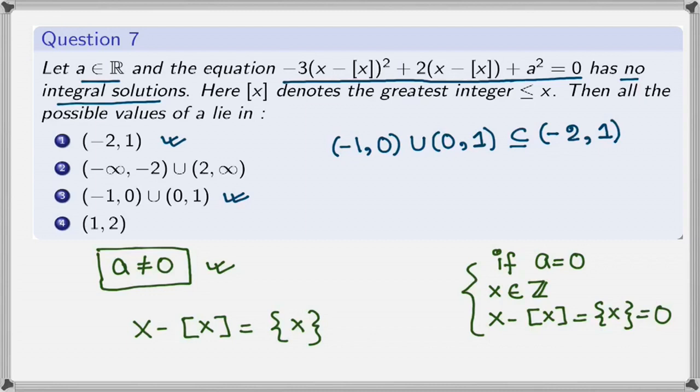And since option 2 and option 4 are disjoint from option 3, that is the set open interval minus 1 to 0 union the open interval 0 to 1, we can directly conclude that option 2 and option 4 are not correct.